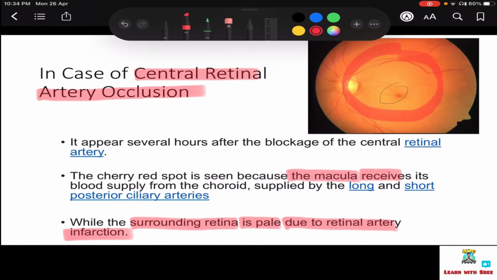The macula receives its blood supply from the underlying choroid, supplied by the long and short posterior ciliary arteries. So in central retinal artery occlusion, the macula will not be affected. Because the macular region gets its blood supply from the underlying choroid, we can see through it and see the vascular choroid shining underlying it. These are the two main things that you have to keep in mind.